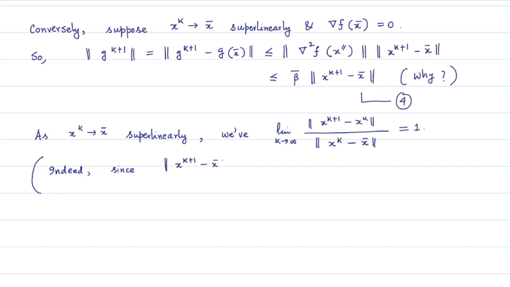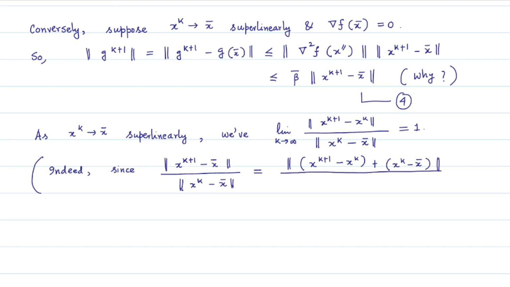norm of xk plus 1 minus xk divided by norm of xk minus x bar is equal to norm of xk plus 1 minus xk plus x bar. Sorry, here we must have x bar. In the numerator, we will have norm of xk minus x bar.